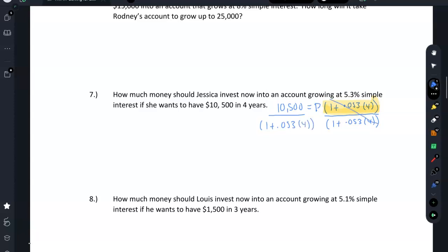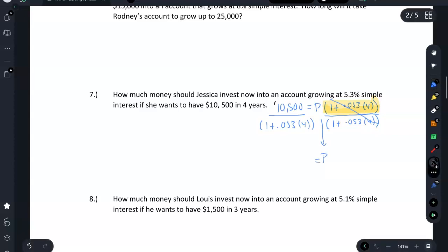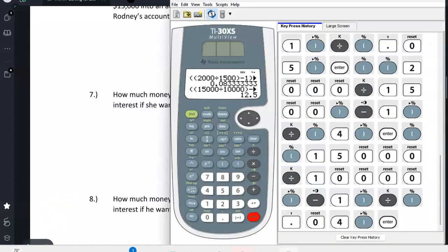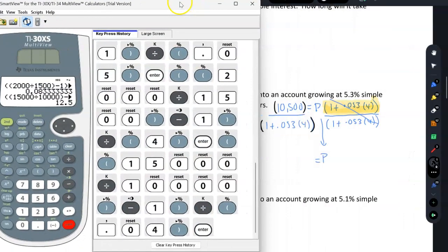And that would cancel on this side, and it would leave me with P is equal to. So now I just need to put this in my calculator. Once again, I'm going to get in the habit of putting my numerator in parentheses, and you can see my denominator is already in parentheses, so I don't need to do anything extra there, but I'm going to type it in just like I see it.